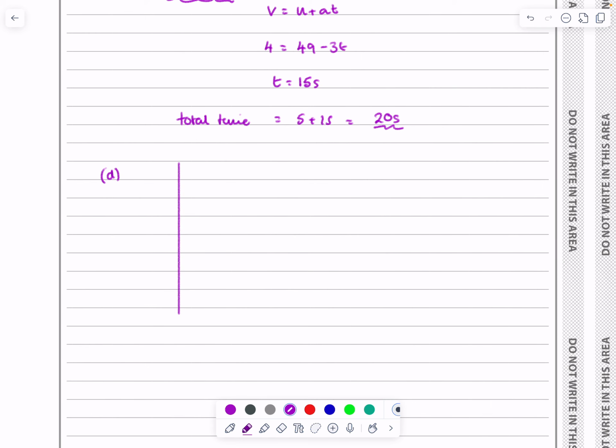So we've got this situation here where we go from u equals 0 to u equals 49 meters per second. This is speed and this is time. We know that took 5 seconds.